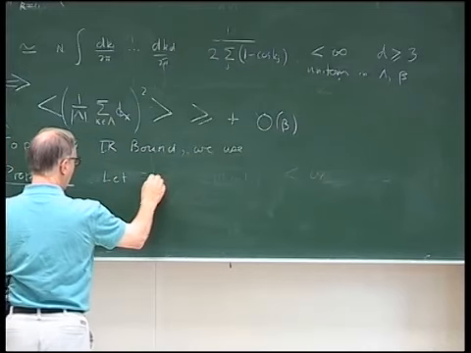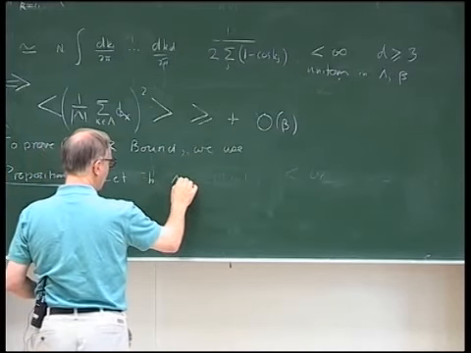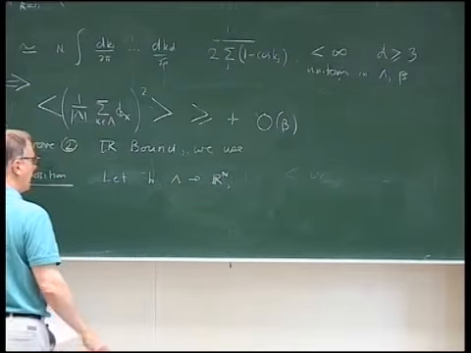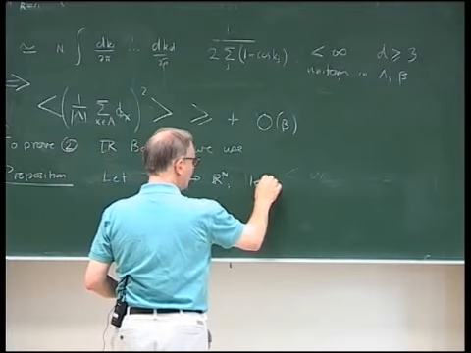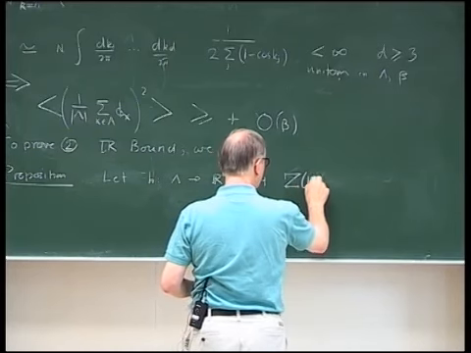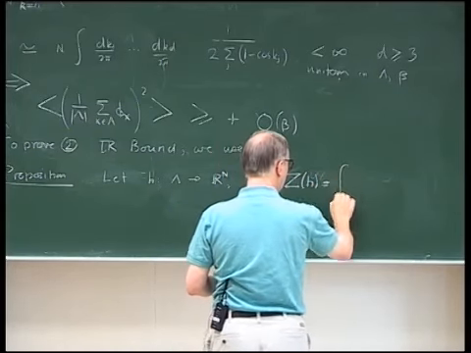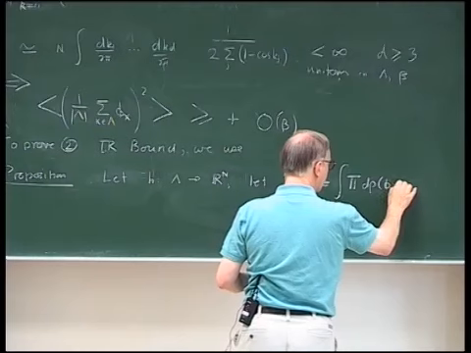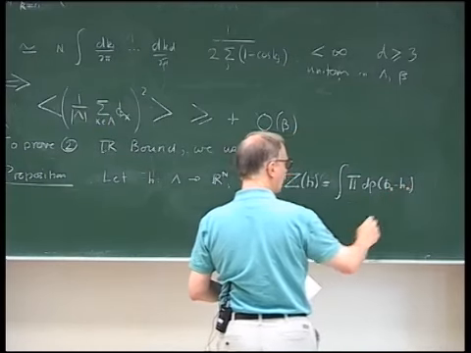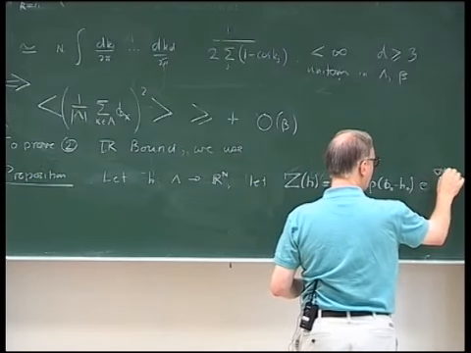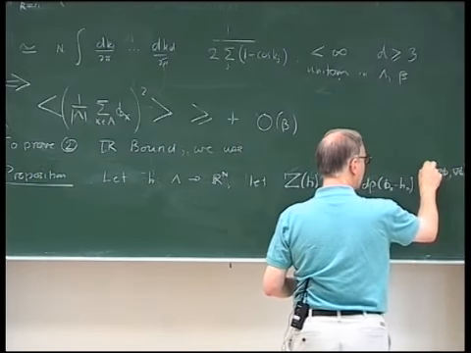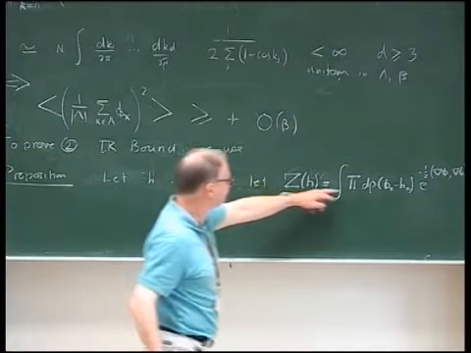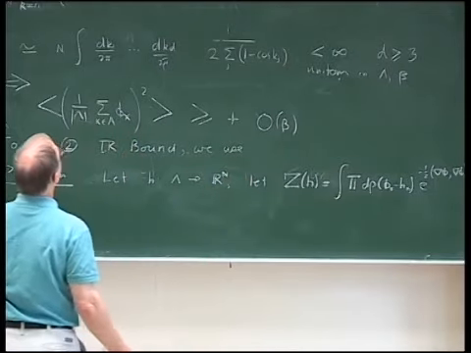Let H be a map from lambda into R^n, and let Z as a function of H be given by this formula: product of d rho phi of x minus h sub x, e to the grad phi squared over 2, like that. So Z of H has exactly the same formula as my model does.